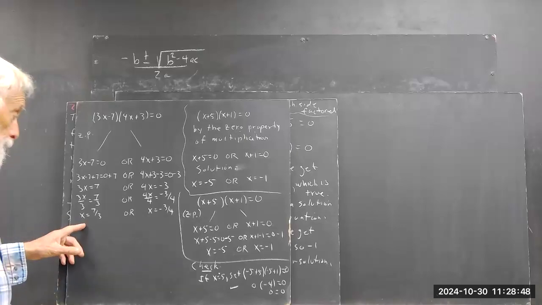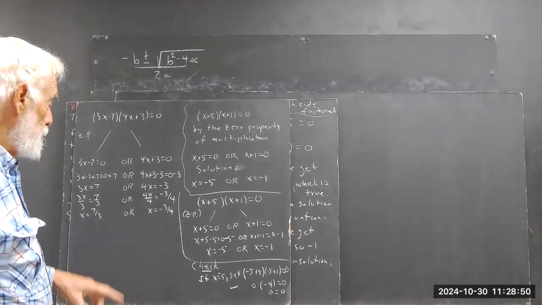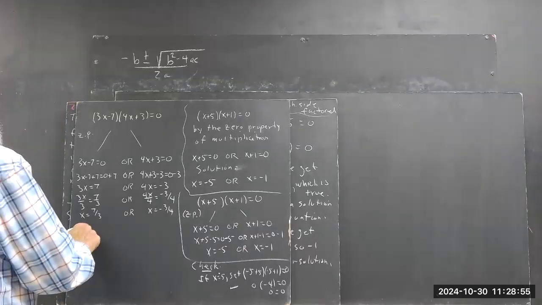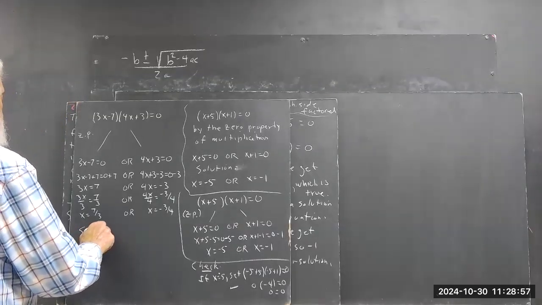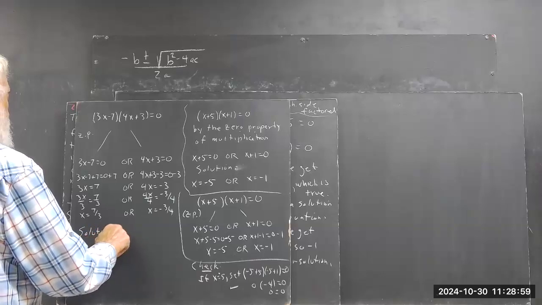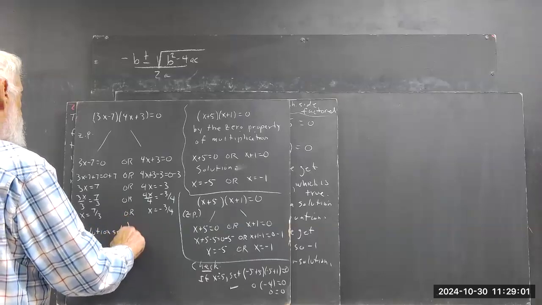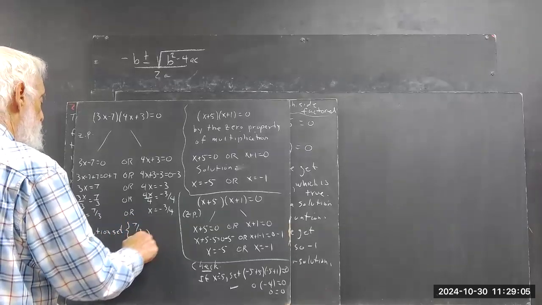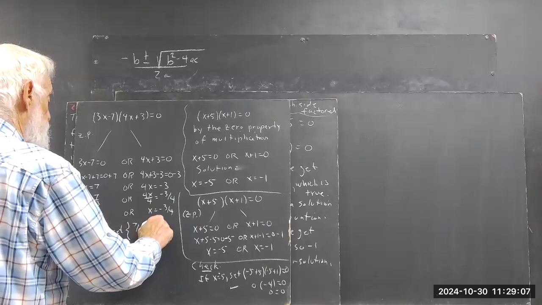Okay, this is a solution or this is a solution. They can't both be solutions. However, when we write out our solution set, this is in the solution set, and this is in the solution set.